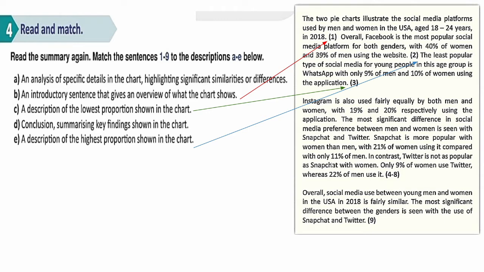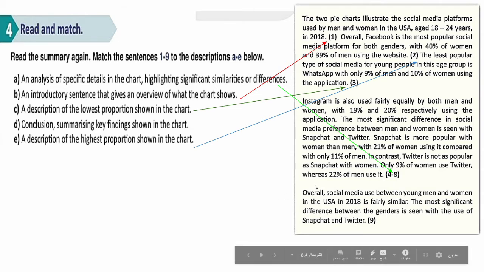Actually, the second paragraph is what? An analysis. So here, analysis of specific details. As you can see here, we have specific details regarding the most significant difference, fairly equally, or here in contrast we have also specific details. So A matches with sentences from 4 to 8.